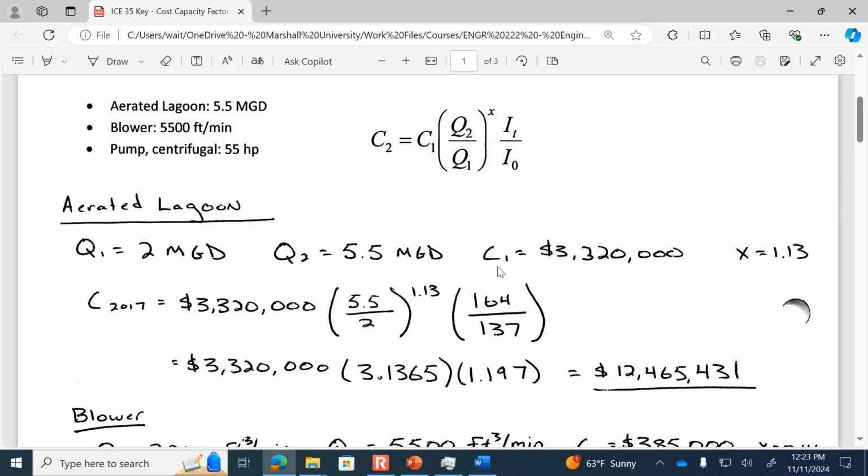So then, taking into account both the cost index, which is the passage of time, and the size difference, that bigger aerated lagoon, which is going to be built in the future, is $12 million compared to the smaller one, which was 3.3. So we have to account for both of the factors, the inflation index and the size difference.